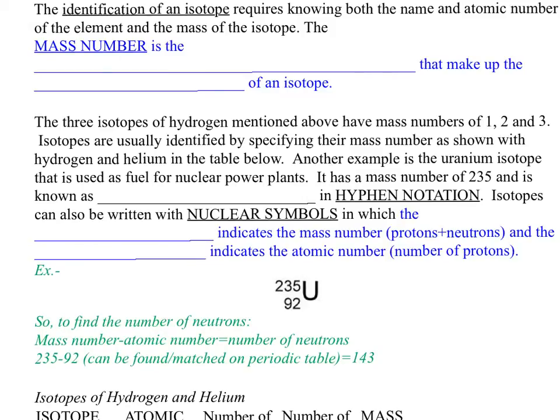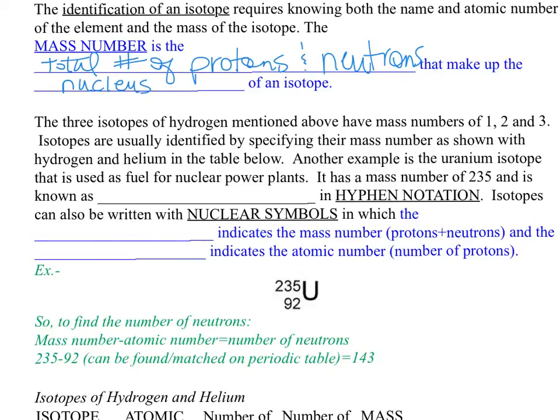So the mass number is the total number of protons and neutrons that make up the nucleus of an isotope.